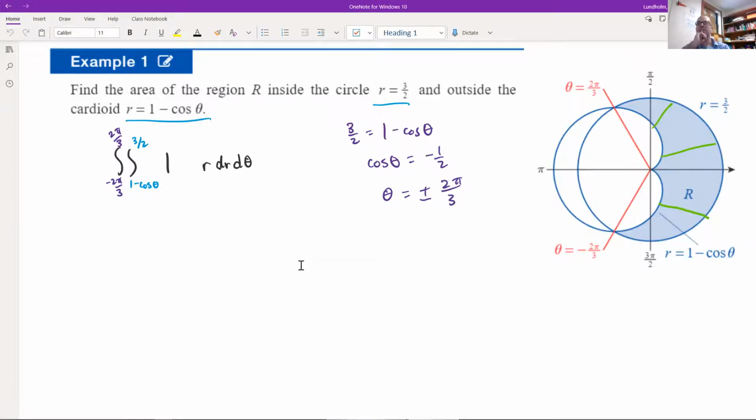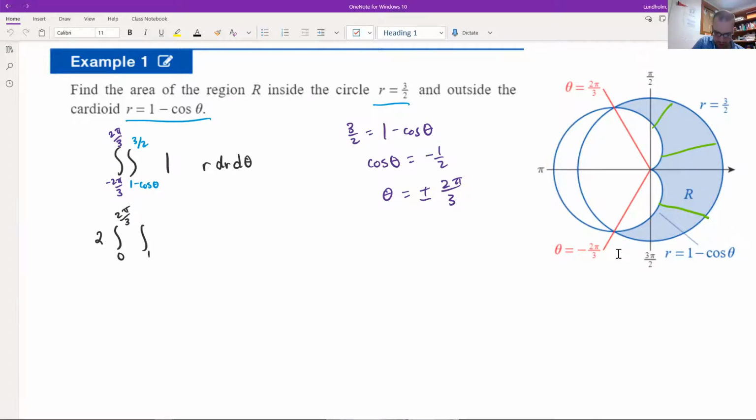And actually, one of the things you may have noticed is, could we make this even easier by exploiting some of the symmetry that we have? And the answer is yes. Since we have a function that is symmetric over the entire region, and geometrically, the top half here is equal to the bottom half, we could translate this double integral into 2 times the integral from 0 to 2 pi thirds.